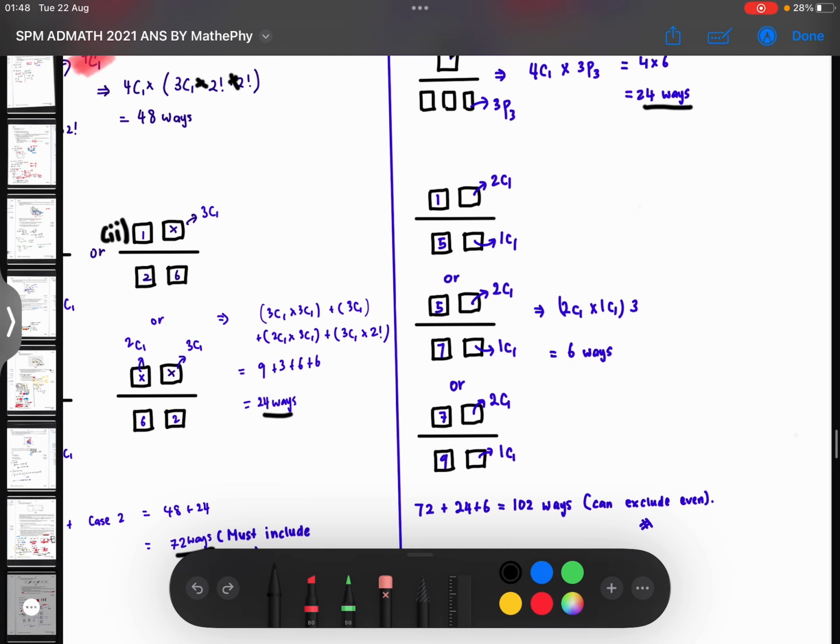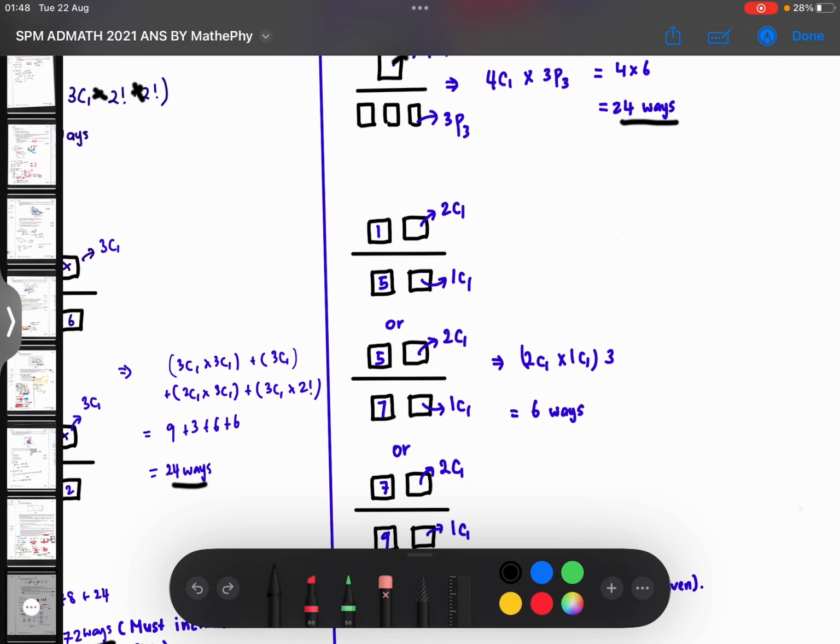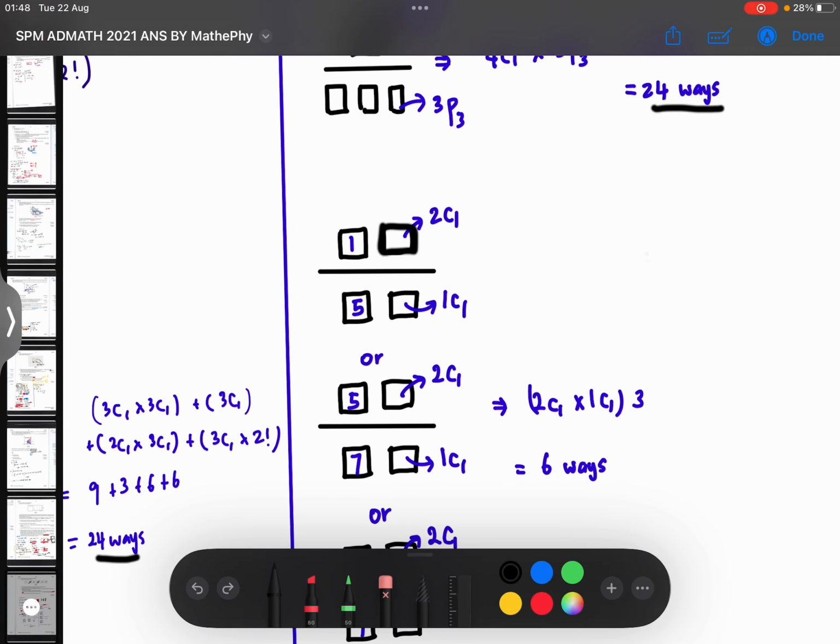And then I just multiply everything, because we know that the second digit is 2C1, because we have 4 odd numbers and we already used 2, so we are left with 2C1 and 1C1.